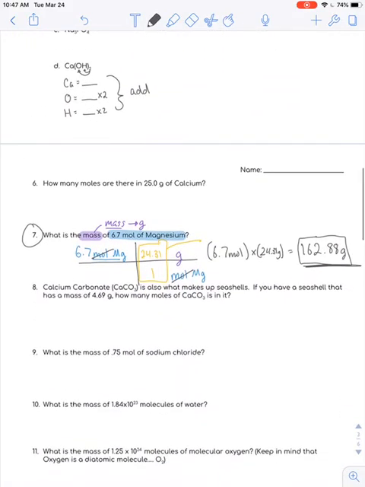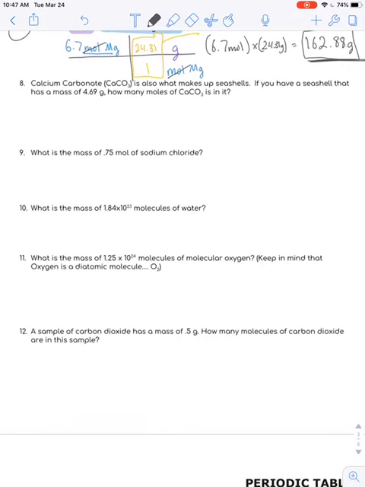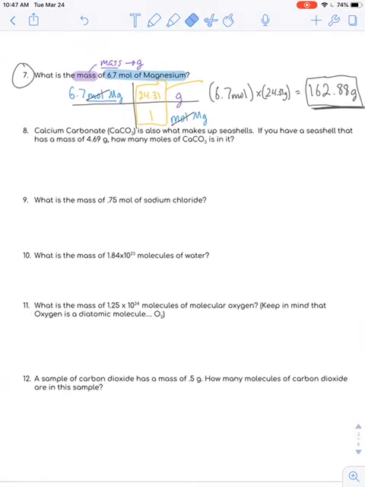So the only other one that I'm going to go over with you is a two-step T-chart question. So I'm going to choose number 11. We're going to do number 11 together. And that's actually just kidding. We're going to do number 12. We're going to do number 12, and I'll show you why.